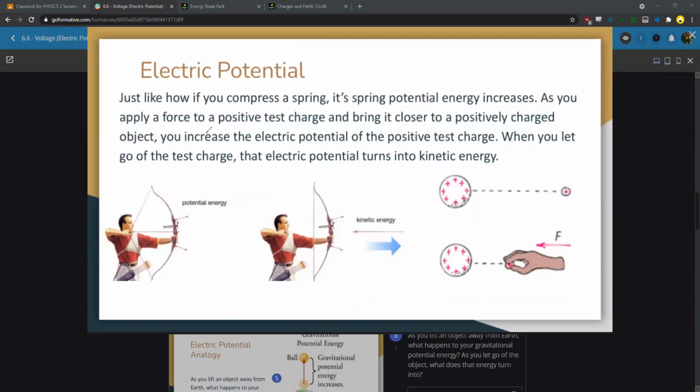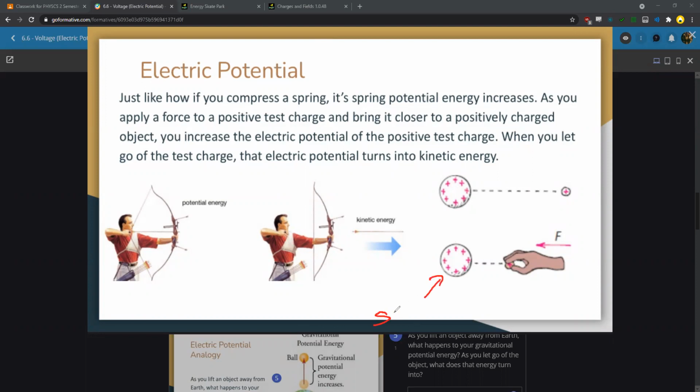Yeah, pulling on the bow. The potential energy of the bowstring turns into the kinetic energy of the arrow. And so the arrow flies away with a lot of kinetic energy. I want you guys to apply that same exact logic to this.